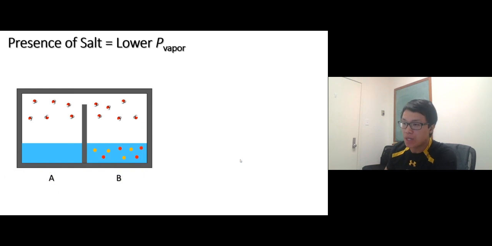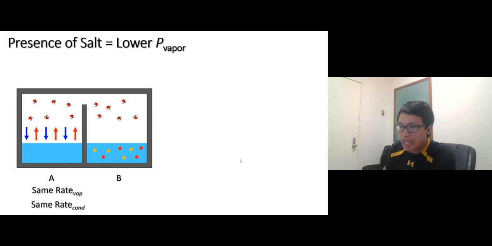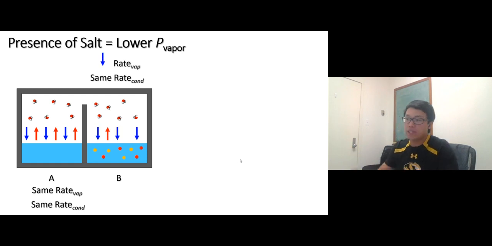This is the explanation. In compartment A, no salt. The rate of vaporization and condensation, so water goes up to become vapor and vapor condenses down to water, is still the same, nothing different. But in compartment B, that's different now. The rate of vaporization is slower, much slower, depending on how much sodium chloride you add.